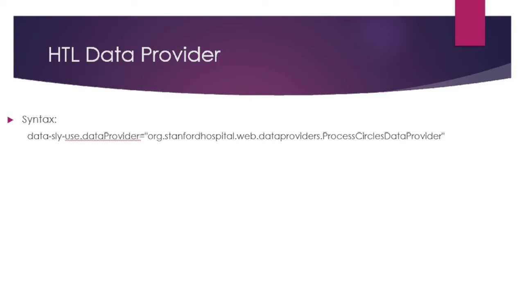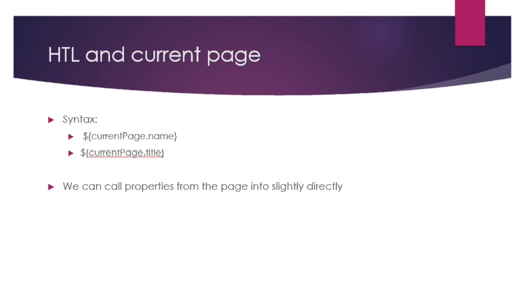Now let's go on to a few things that we can do within Sightly. The first thing is current page. Current page gives us access to properties within the page itself. The syntax is ${currentPage}, and then we can call name, title, or whatever else lives within our page.